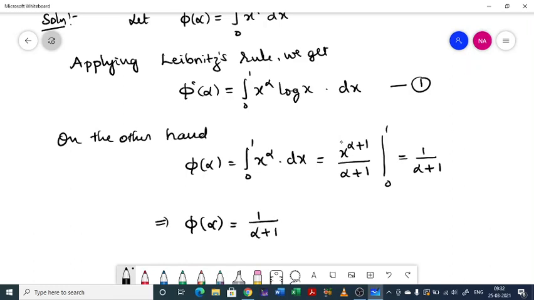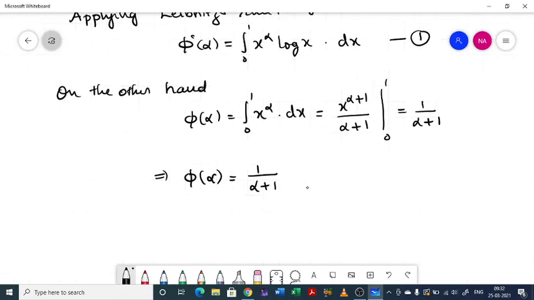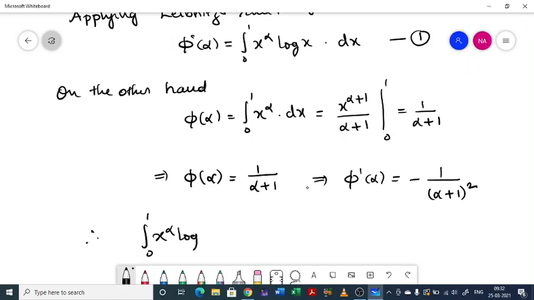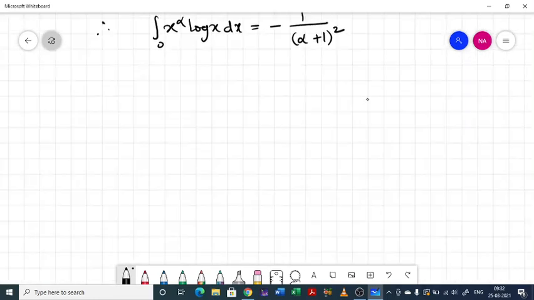But here I have phi dash of alpha, so differentiate this. So differentiating, we get phi dash of alpha equal to minus 1 by alpha plus 1 whole square. Therefore, integral 0 to 1 x power alpha log x dx, from equations 1 and 2, is equal to minus 1 by alpha plus 1 whole square. That is about problem B.